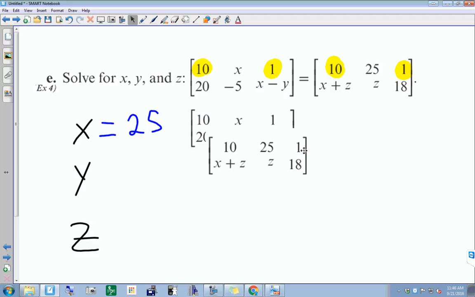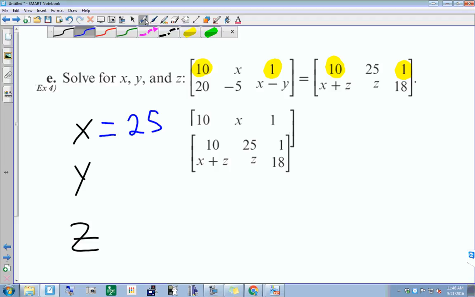Here I've got a 1 and a 1. So if this is the case, where I've got 10, 10, 1 and 1, x should be the same as what? 25. So that's why x is 25, because these two go together. Because those two went together.